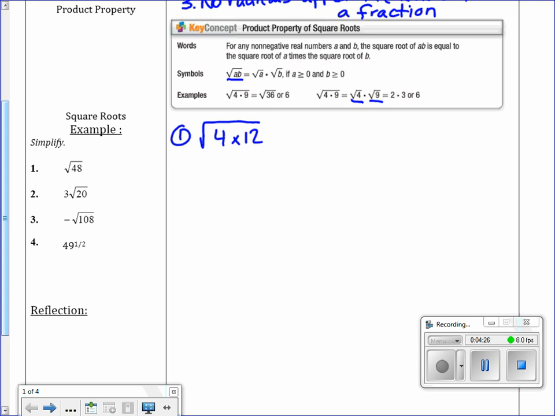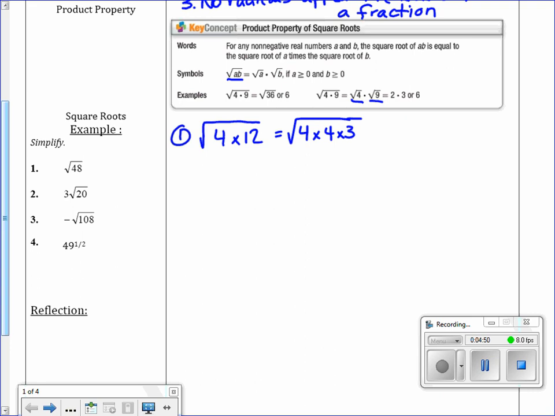Okay, that works, but I also know that the numbers I can multiply together to make 12 are 3 and 4. So I'm going to break that down a little bit more and say that's the square root of 4 times 4 times 3. And if you multiply 4 times 4 times 3, you'll end up with 48.